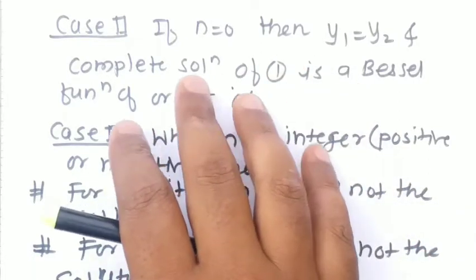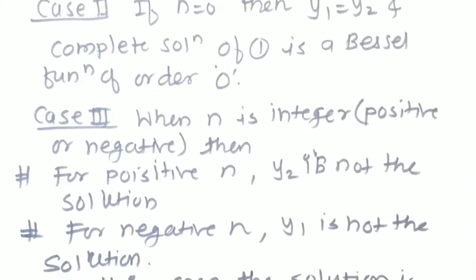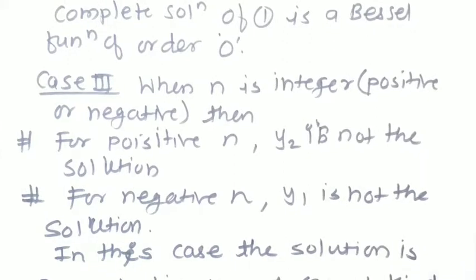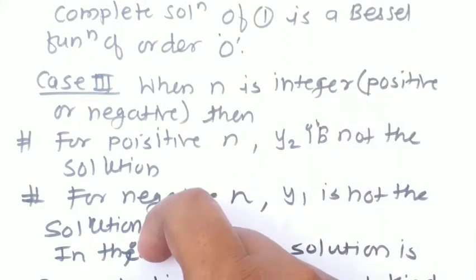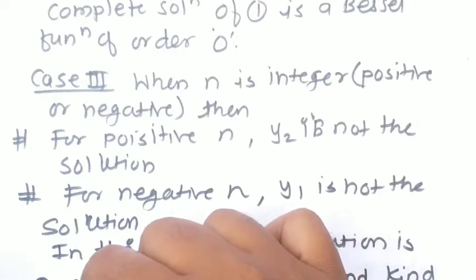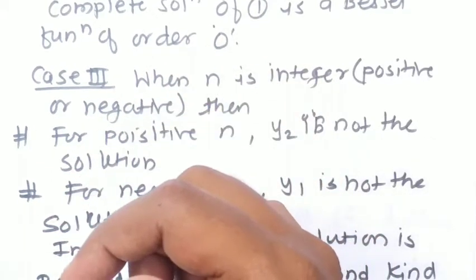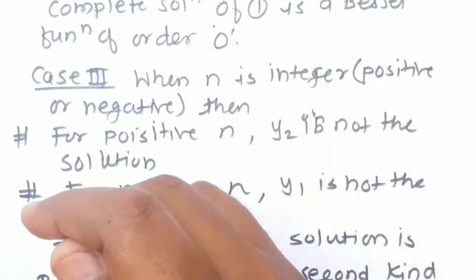When n is 0, the complete solution is also called the Bessel function of order 0. In case number 3, n is a positive or negative integer. In case 1 we determined the solution for non-zero and non-integer n, and there we obtained the solution in terms of Bessel functions J n x and J minus n x.